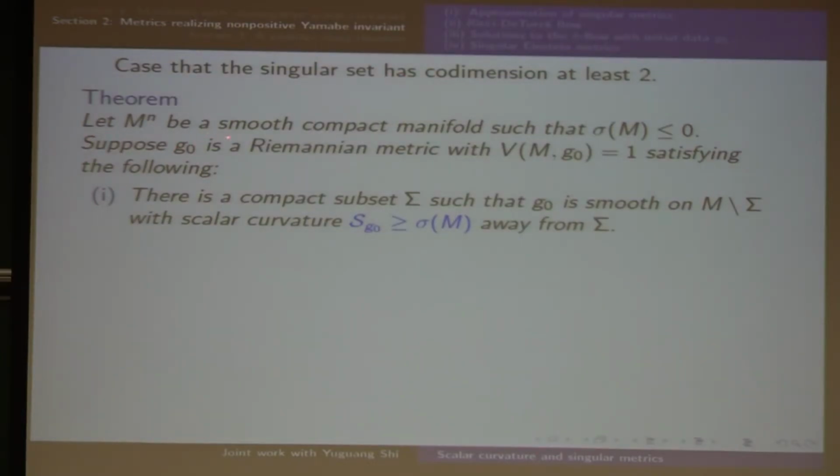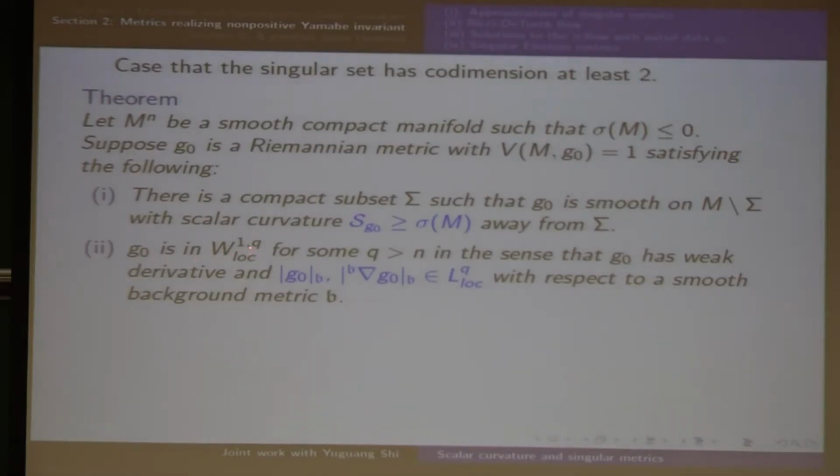Well, we have the following property. If sigma M is non-positive and g naught is a continuous Riemannian metric so that the volume is 1, first of all, it satisfies that there is a compact set sigma. Outside sigma, g naught is smooth, and the scalar curvature is at least sigma M.